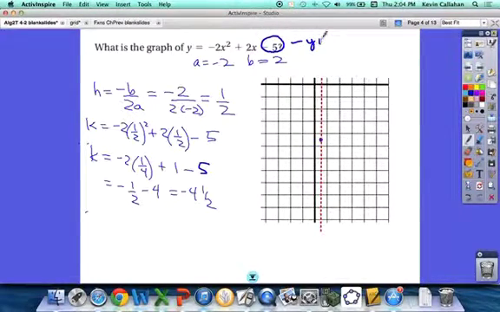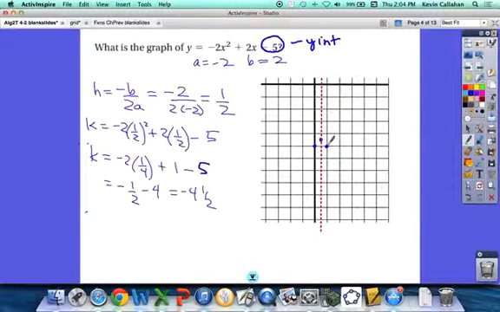That's the y-intercept. So I can put a point right there on the y-axis. And if we use symmetry, we know that if there's a point, like there is, 1/2 to the left of the axis of symmetry, then there must be a point which is 1/2 to the right. Just use the symmetry. There's got to be a point right there.